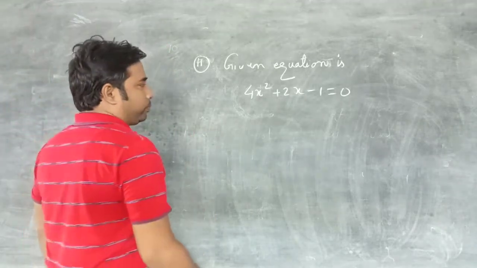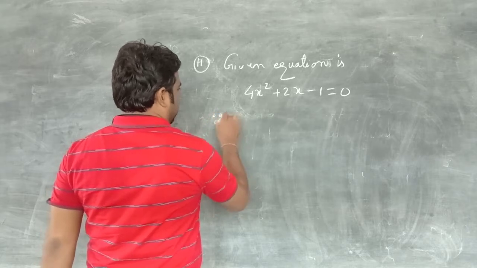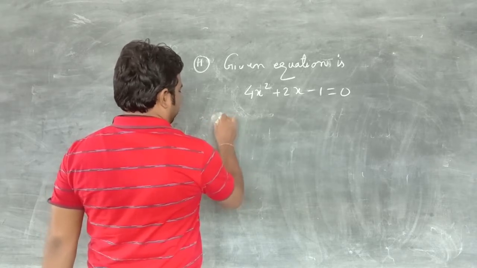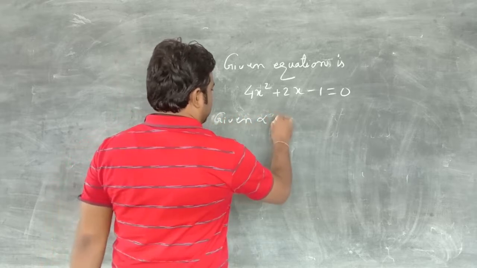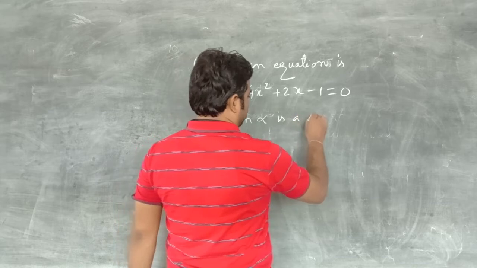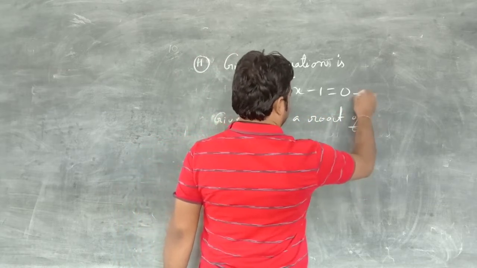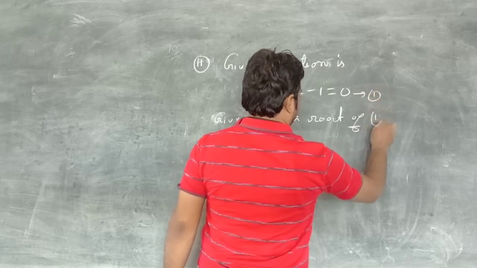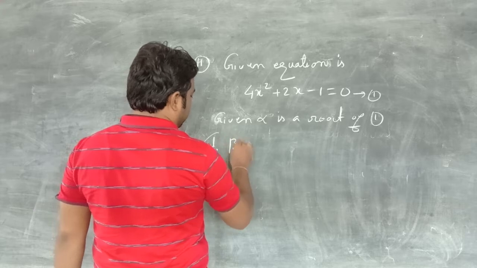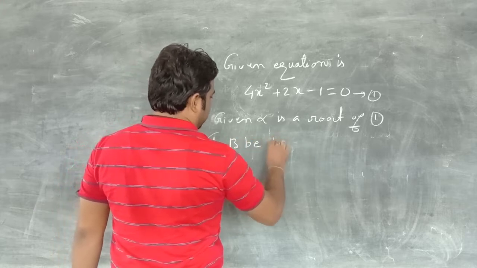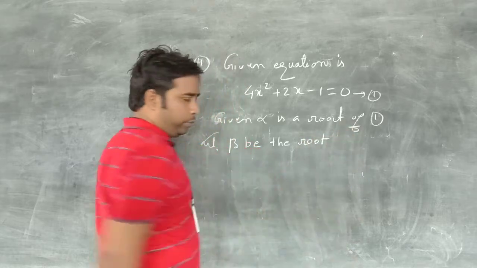So write, since alpha is given as a root of the equation, let beta be the other root.